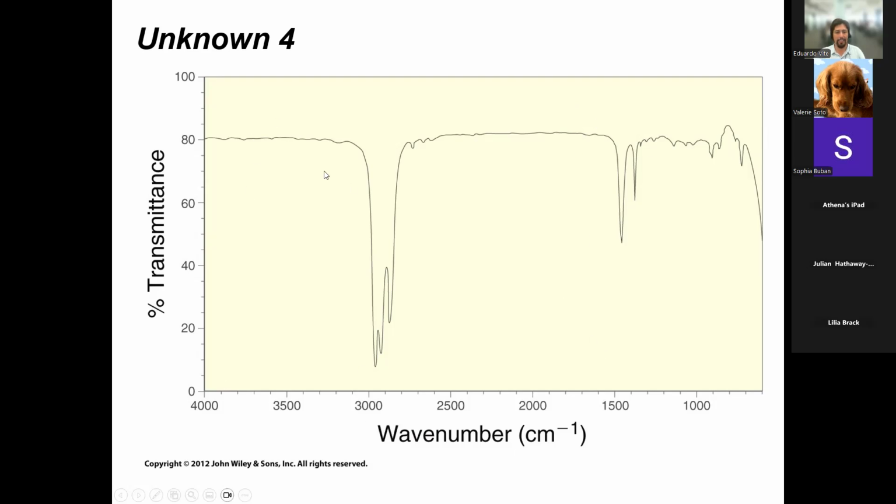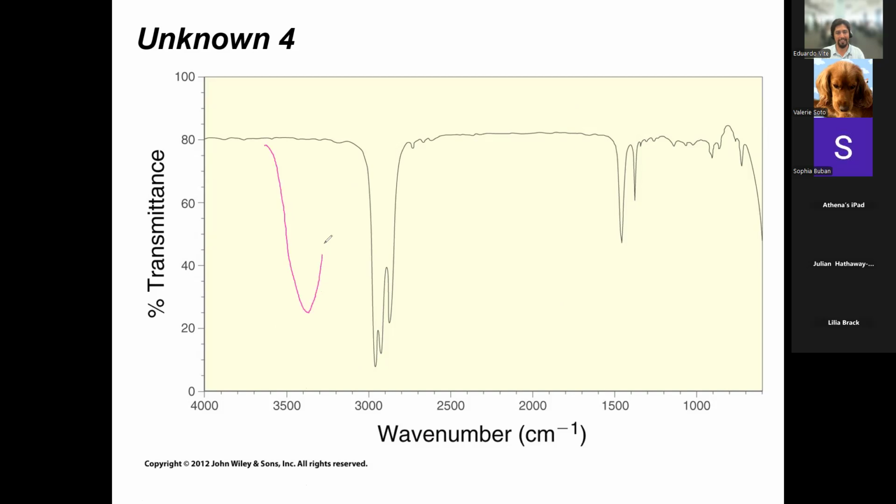Do we see any OHs, any broad, strong signals between 32 and 35? Any OHs perhaps? Again, it's either yes or no. Do we see something that looks maybe like this at 32 to 35?